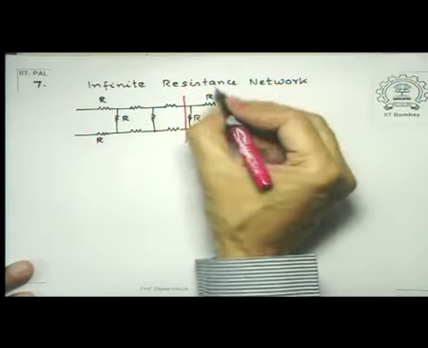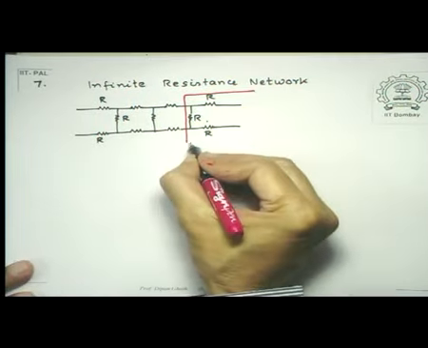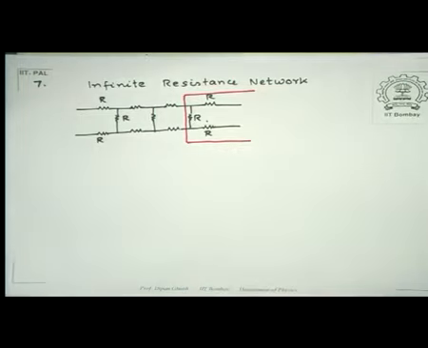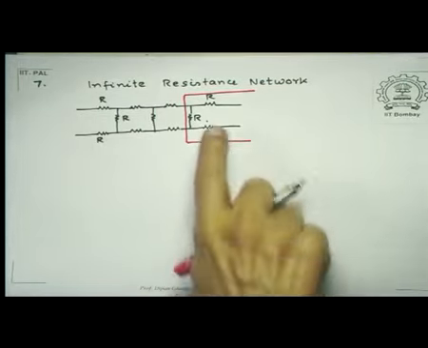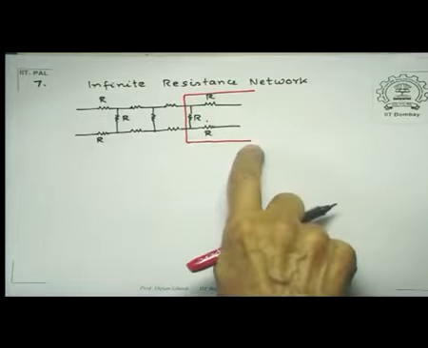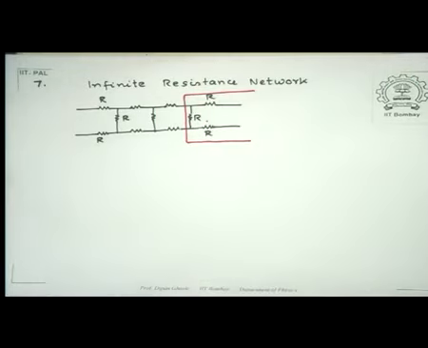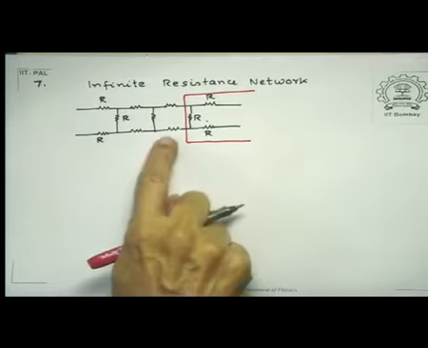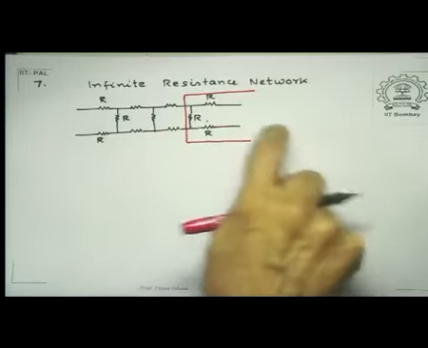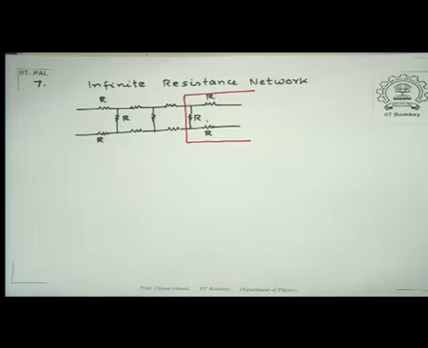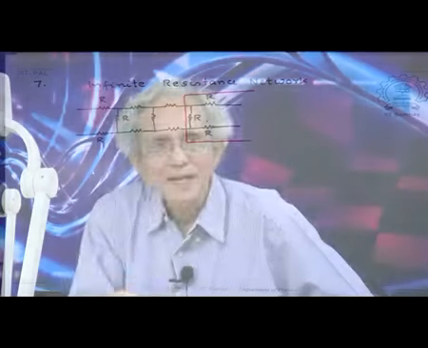So, this is, let us suppose, the last section. See, if I were to cut this like that, then whatever remains there has the same structure as the other one, the longer one. And since I have said it is infinite, it won't make any difference at all.